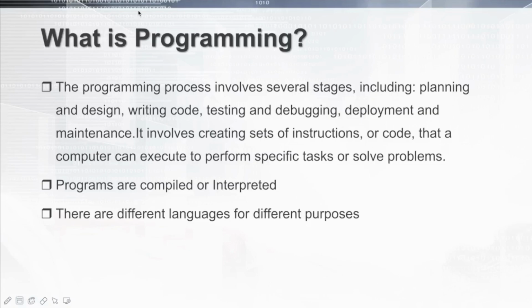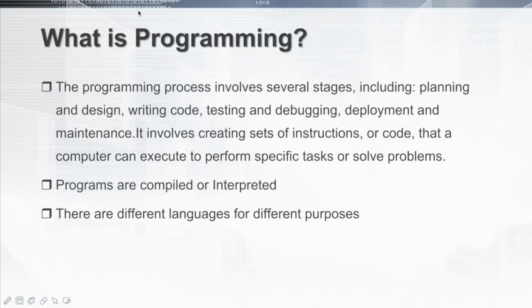Then we have some languages which use compilers to translate this code into assembly language. Languages like Java, C, C++ use compilers. All right, so that is it. Then we have different languages for different purposes.